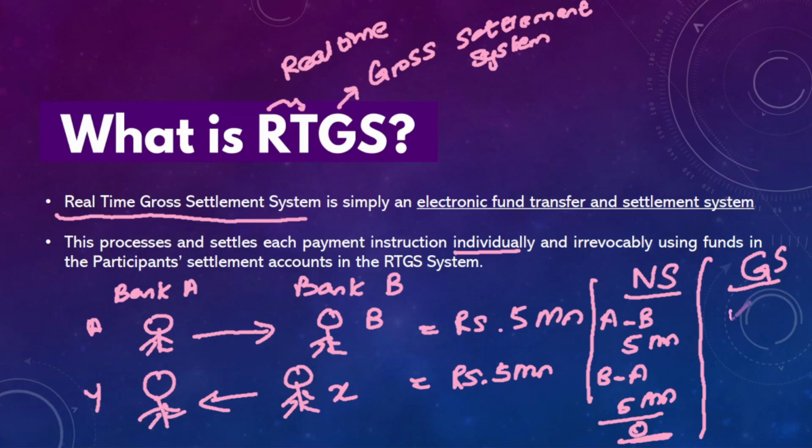Here, the transfer from A to B will happen as one separate transaction immediately as the request is made. Similarly, the transfer from B to A will happen separately right after the request is made by customer X. That's the difference between net settlement and gross settlement.